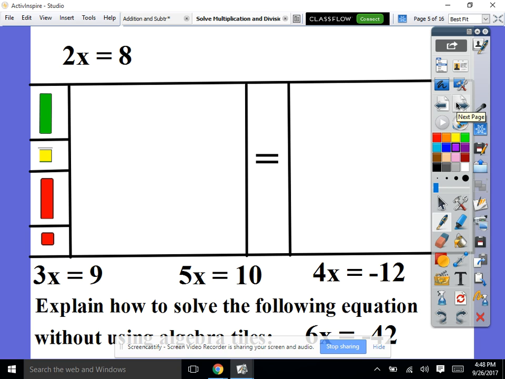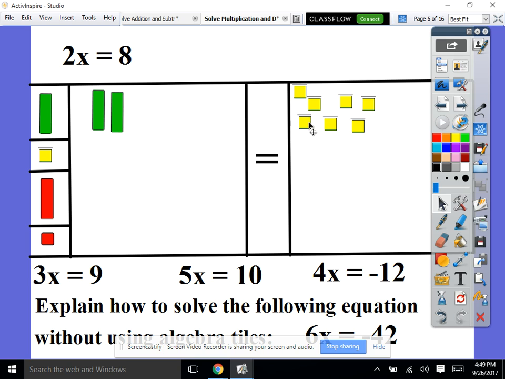Now, we talked a little bit about algebra tiles, so we're going to use them. 2x. That says 2 times x. That means here's 1x and here's 2x. 2x equals positive 8. So 1, 2, 3, 4, 5, 6, 7, 8. Well, I don't need to know what 2x is equal to.